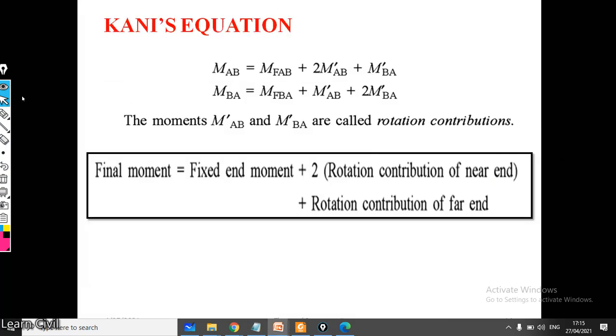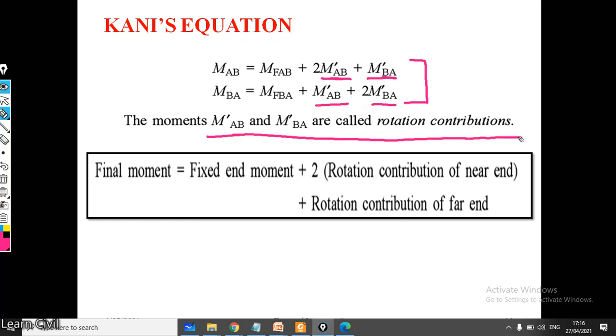If we put these two equations on the screen, these values M dash AB and M dash BA are called rotation contribution. So simply we can consider this equation as: final moment is equal to fixed end moment plus M dash AB considered as a rotation contribution.